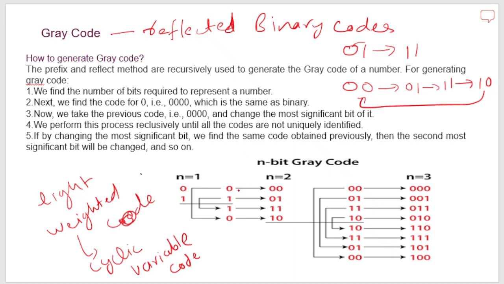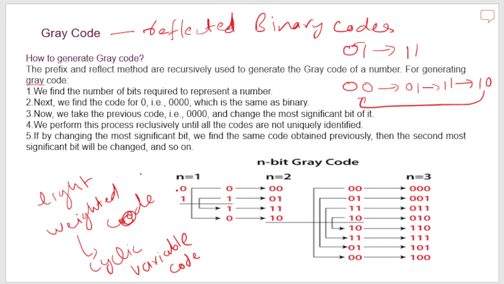Only the most significant bit will be changed. We perform this process recursively until all the codes are uniquely identified. If by changing the most significant bit we find the same code obtained previously, then the second most significant bit will be changed. Okay, so let's see.